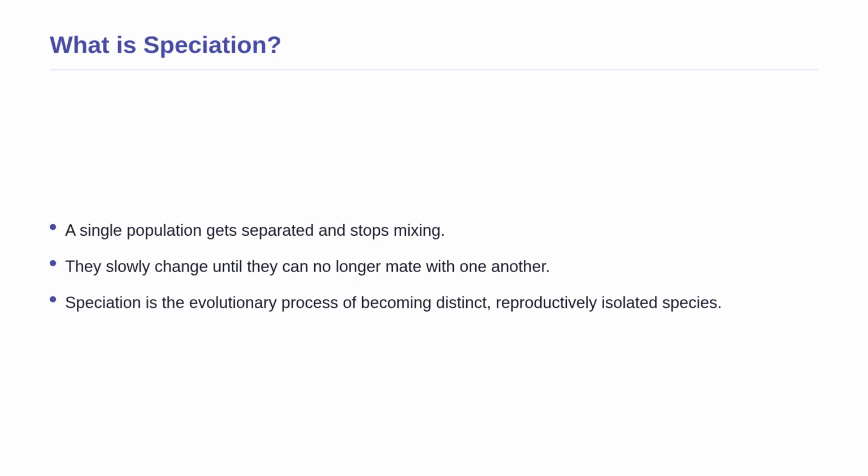Building on our language analogy, let us look at what happens to living organisms. When a single population of animals or plants gets physically separated and stops mixing, they slowly begin to change. Over long periods, these changes accumulate until the two groups can no longer mate with one another.